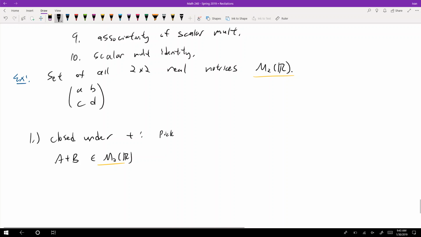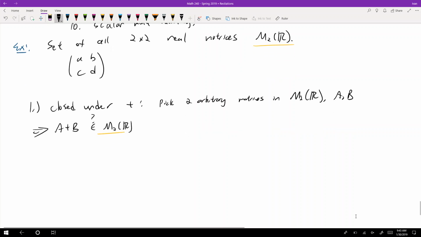So we pick two arbitrary matrices in M2R, call them A and B, and we want to see if that's true or not. And the idea is the following. Just give me two arbitrary, general 2 by 2 matrices.